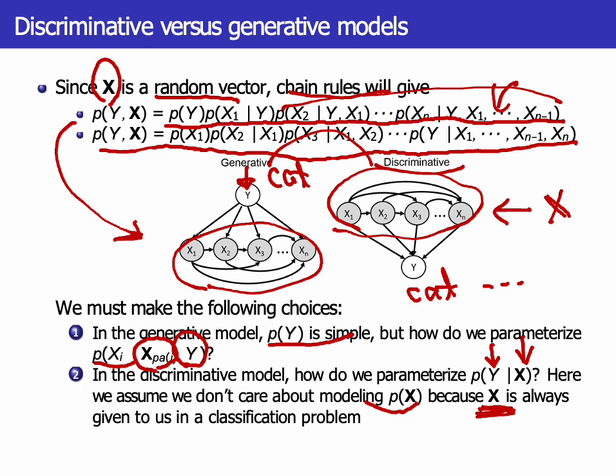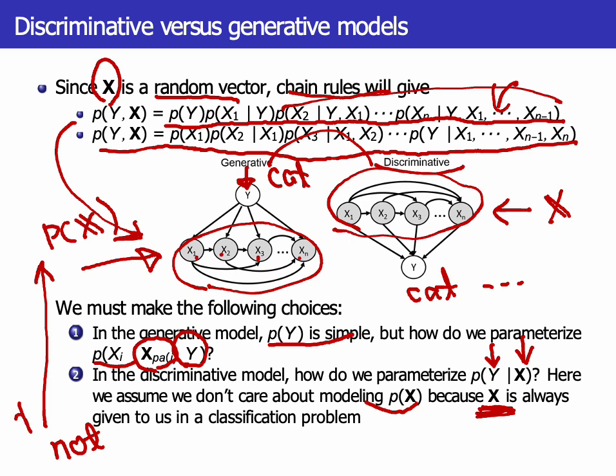Anyway, this is very important because in generative models, we need models of p(x). Usually this distribution is not known, and we need to discuss this later.